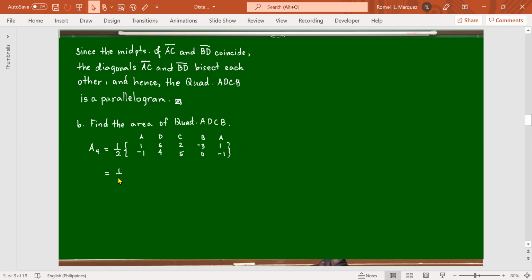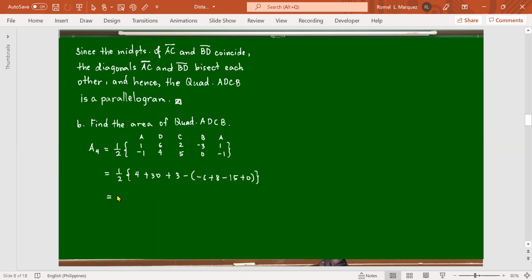Getting now the diagonal products going down. Take the sum, no? Minus negative 6 plus 8 minus 15 plus 0. Okay, guys?